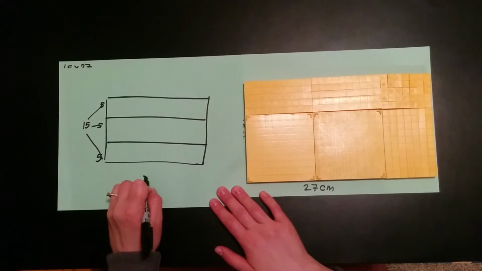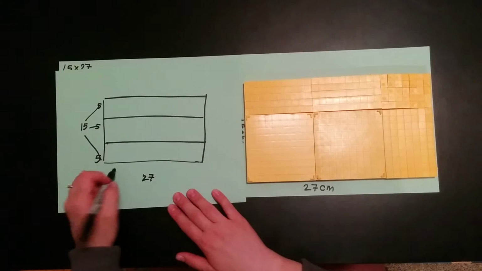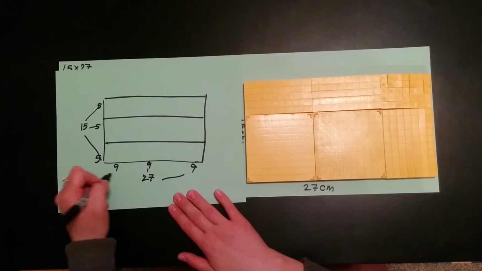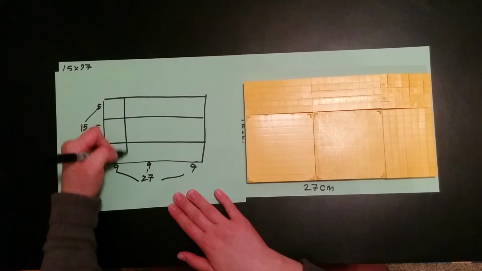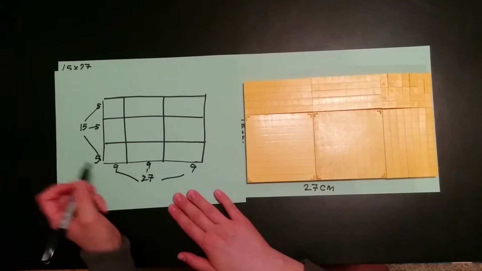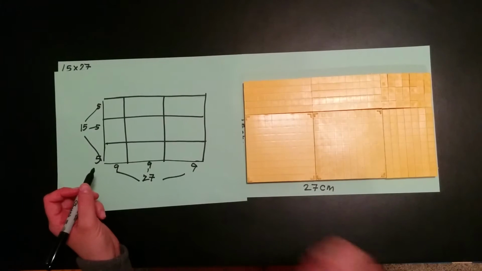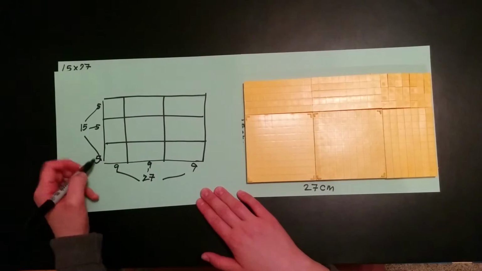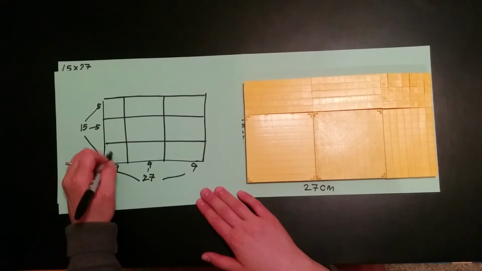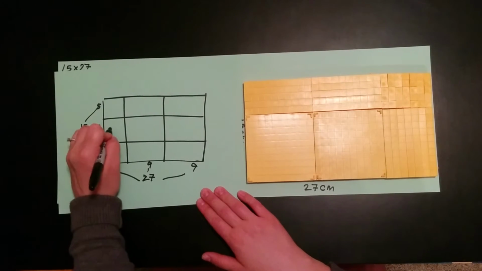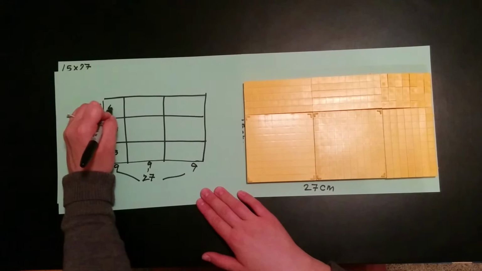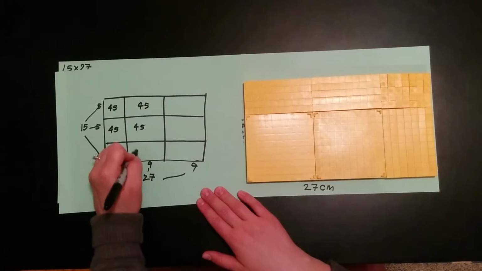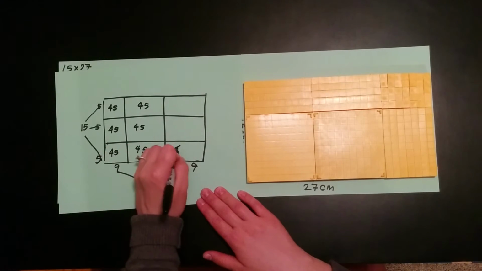And 27 can actually be broken into 3 groups of 9, like this. Now when I break up the rectangle in this way, I know that these rectangles will all equal 5 multiplied by 9, which is 45. So I know that I will actually have 9 groups of 45 in this rectangle. I'm going to draw that in now.